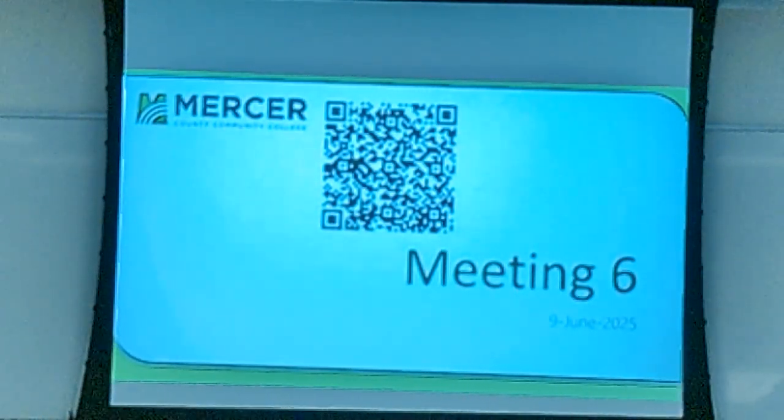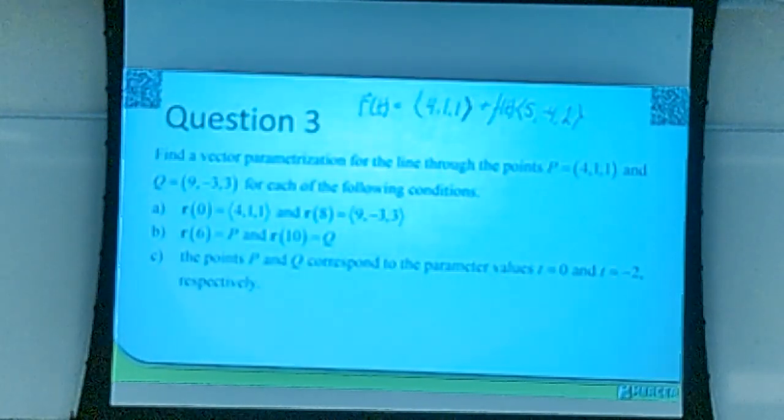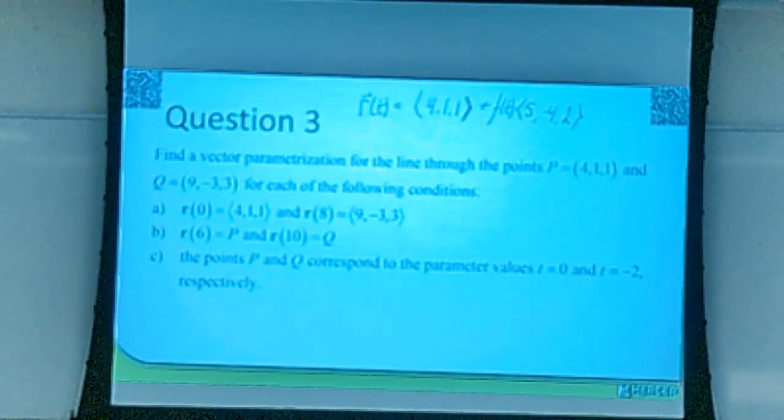All right, we left off. We just got the general form of this, right? Now the goal is to find the functions.